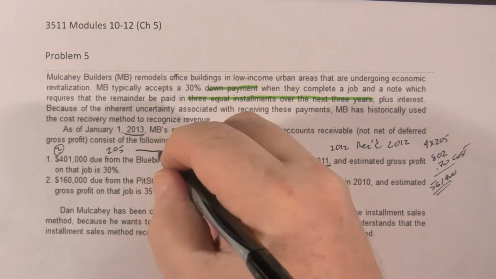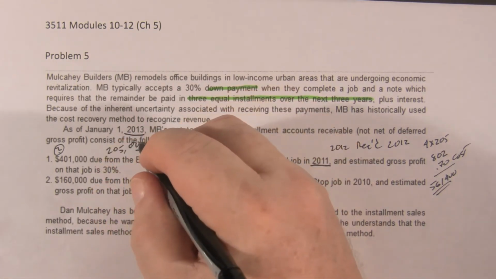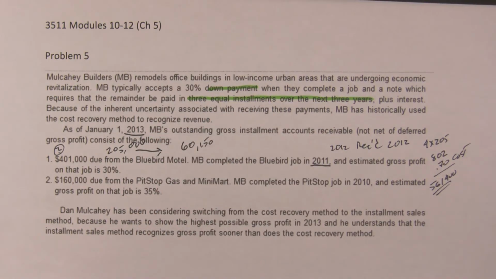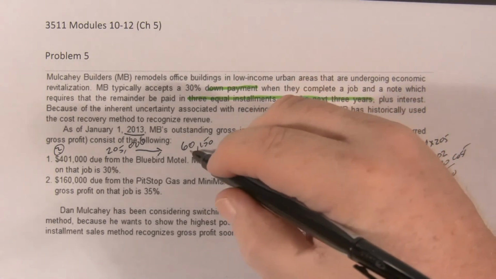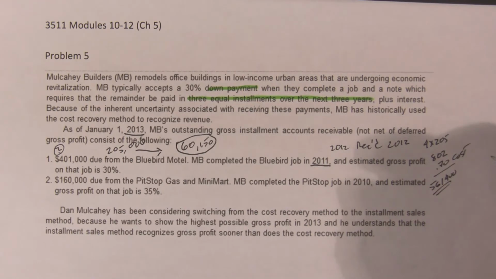That's the profit. So each one of these $205,000 payments is $60,150 in profit, and the rest is cost recovery. So under the installment sales method, this is what we recognize each year. Under the cost recovery method, we wouldn't recognize any until all costs are recovered.